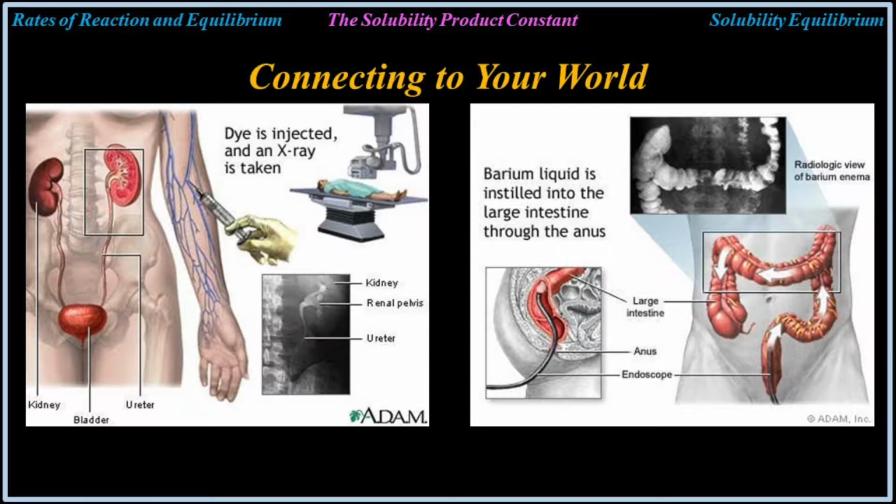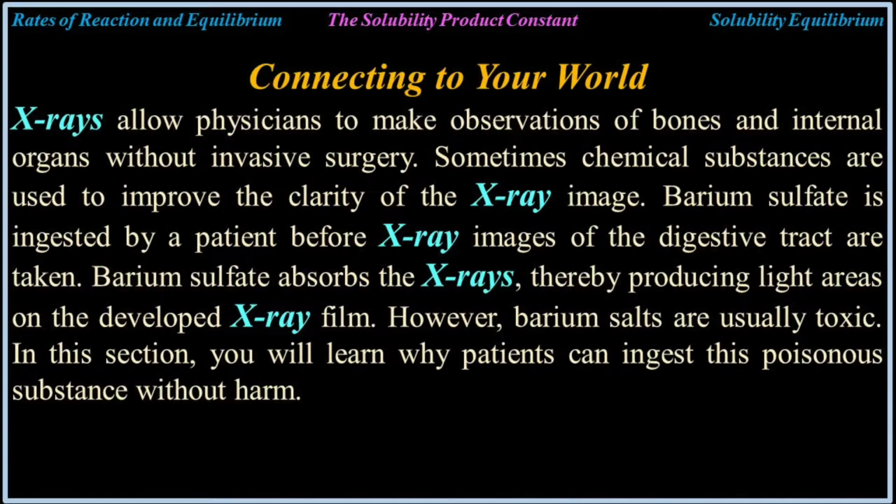Connecting to your world. X-rays allow physicians to make observations of bones and internal organs without invasive surgery. Sometimes chemical substances are used to improve the clarity of the X-ray image. Barium sulfate is ingested by a patient before X-ray images of the digestive tract are taken.